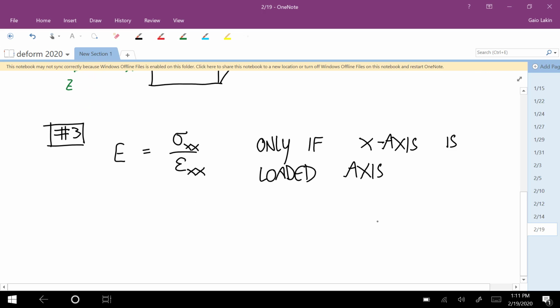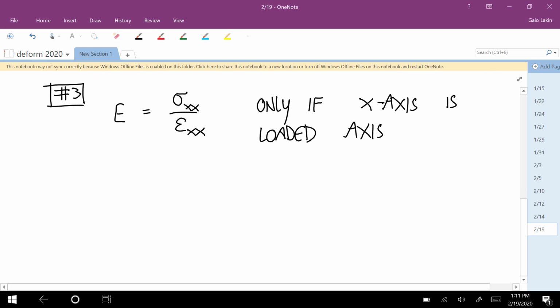And you can do it with other coordinate systems, but if you're going to use this formula, the x-axis has to be up or down, and it doesn't matter as long as the other two are perpendicular to it.